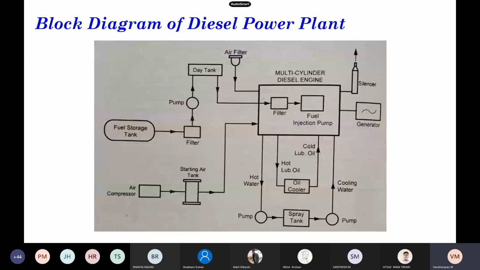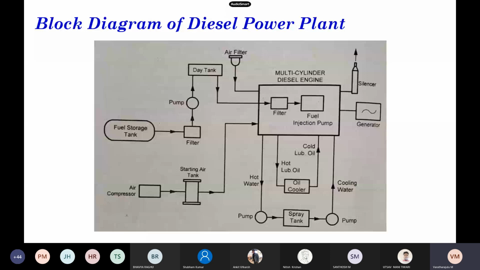That rotary motion is connected with the generator, which gives the electrical power. That is what happens in a diesel power plant. The power plant which uses the diesel engine as a prime mover to generate electrical power is called a diesel power plant.